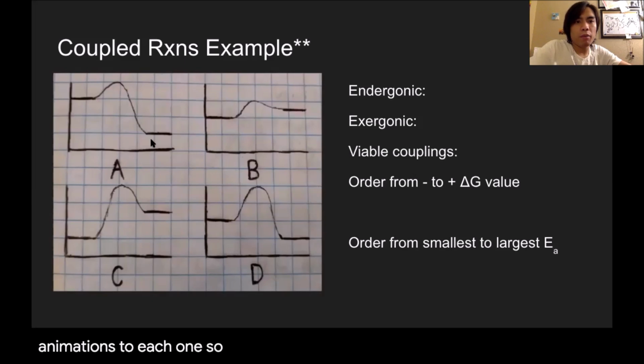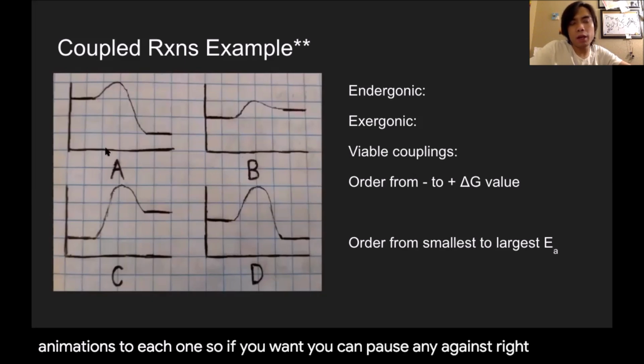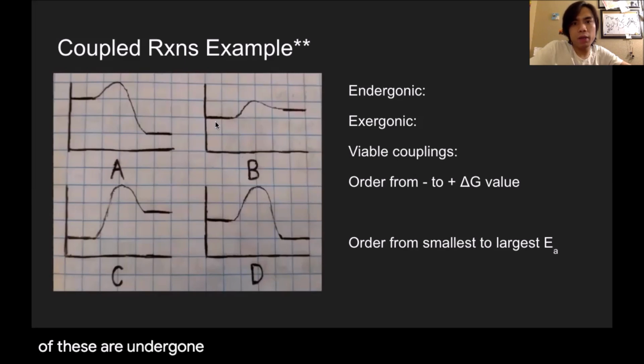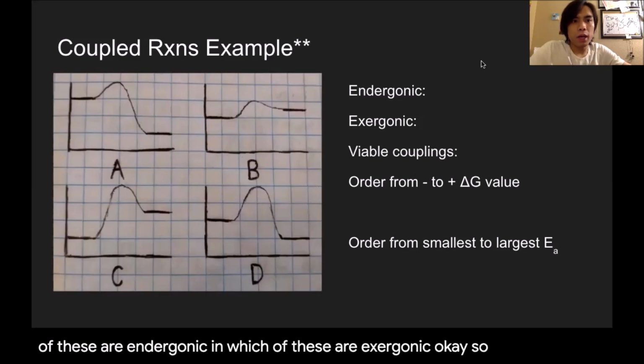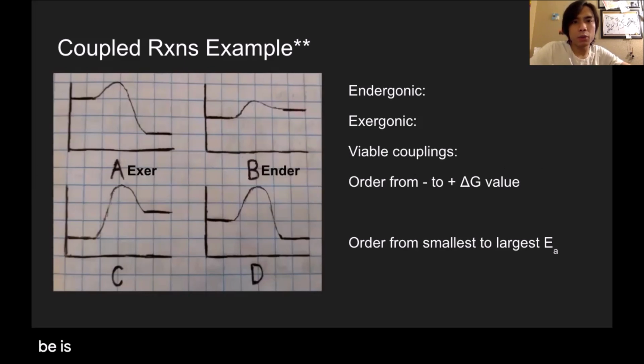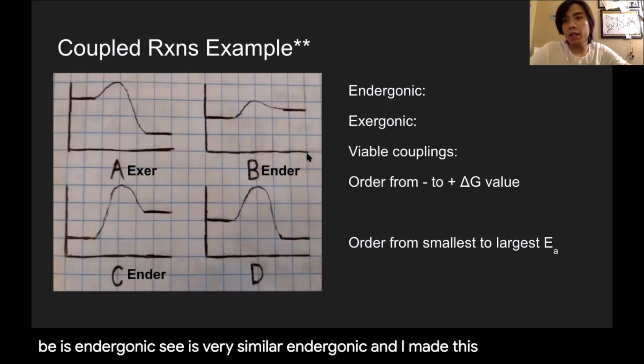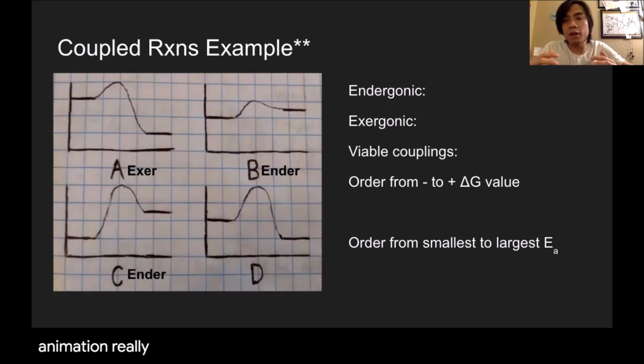If you want, you can pause and write which of these are endergonic and which are exergonic. Okay, so A is exergonic, B is endergonic, C is pretty similar, endergonic. And I made the animation really slow so I could build up the suspense.